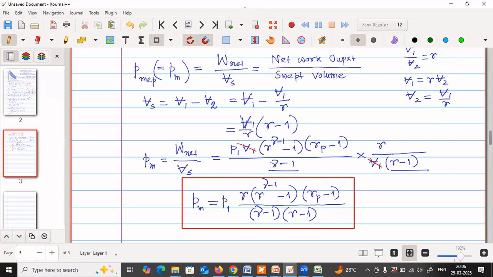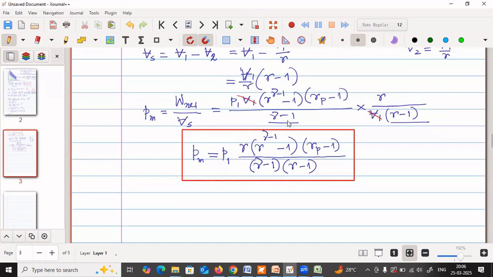Now you see that in this mean effective pressure, all the quantities except the pressure on the right hand side are ratios. R is compression ratio. The problem can be about 10 marks, or say 7, 8 marks, depending on the length of the problem.